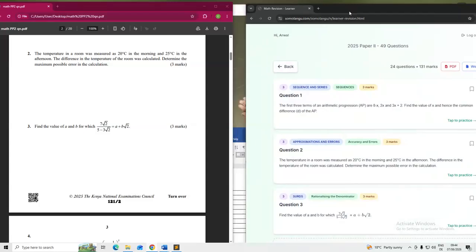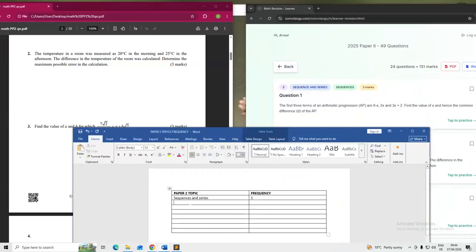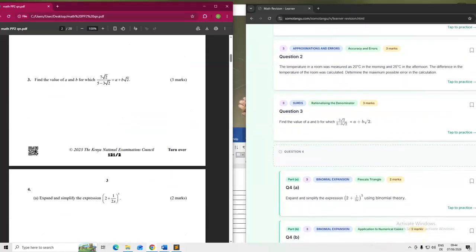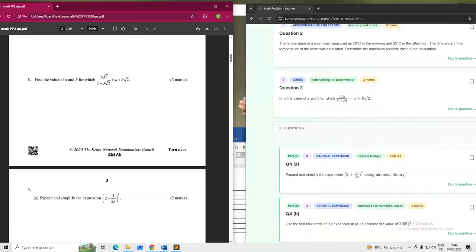Okay, let's fill our table. So we've seen question 2 tests approximations and errors, and this has also been tested once in this paper. We proceed to question number 3. Find the value of a and b for which, and then you have an equation there. This question tests Surds, and more specifically, rationalizing the denominator.